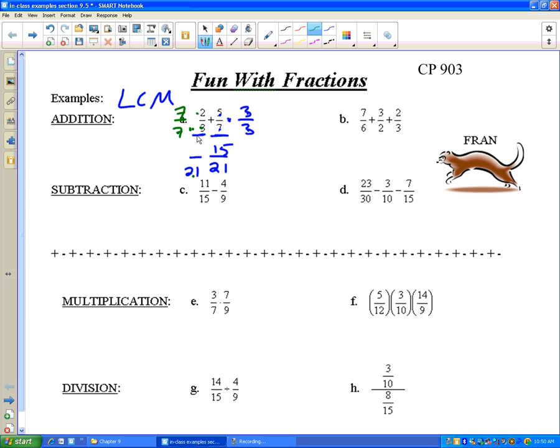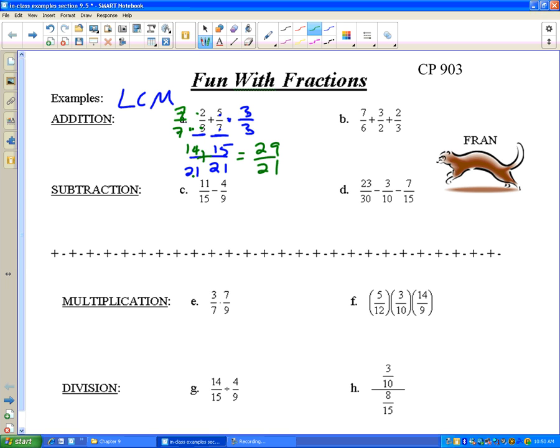So 2 times 7 is 14. So now I have the exact same problem, but now I have a common denominator. 14 21sts plus 15 21sts is going to be 29 21sts. If I wanted to reduce that, I can, but an improper fraction is okay. So 29 over 21 is my answer.